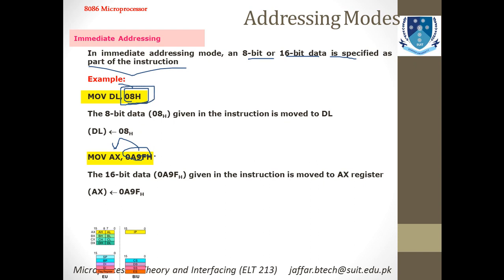In the previous example, by mistake I mentioned immediate addressing, but in register addressing that we discussed earlier, the operand will be either data from memory or from registers. Specifically, if there is data directly given, this is known as immediate addressing.